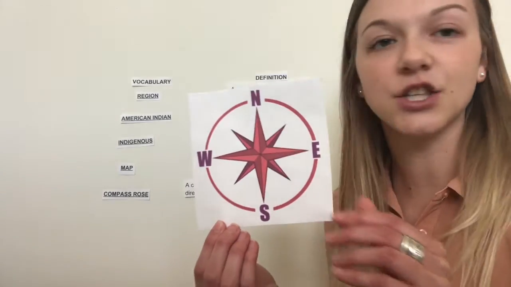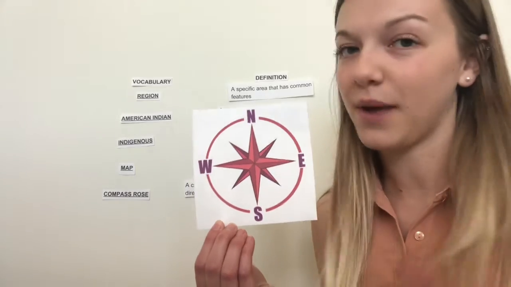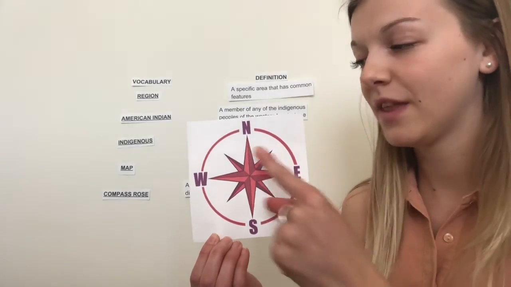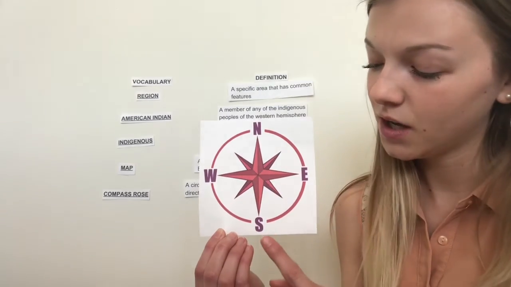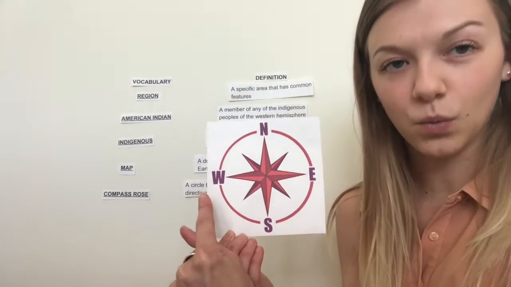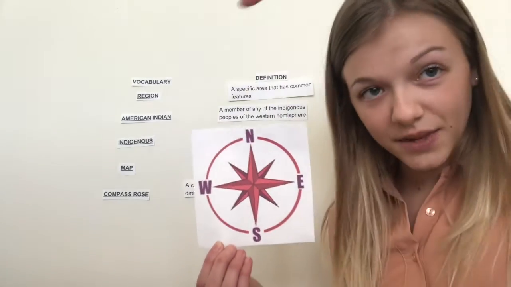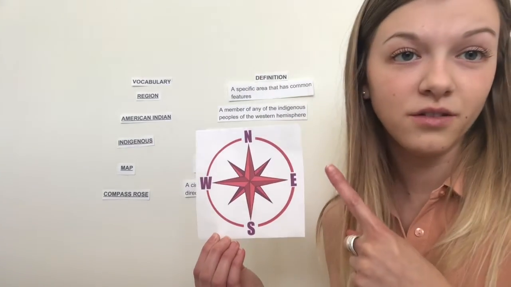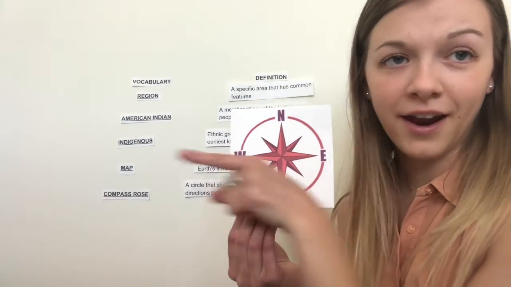So this is a compass rose, and it has the 4 cardinal directions. So the 4 cardinal directions, you may have heard them before, but here they are: north, east, south, and west. So these show all the directions. So if something is up here, then it would be north. If something's over here, it would be east. If something is over there, it would be west.